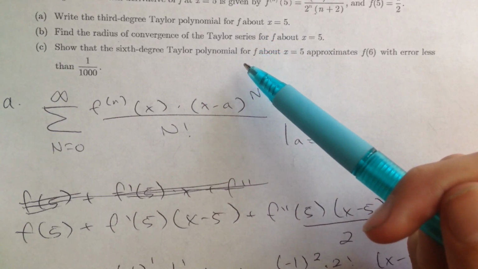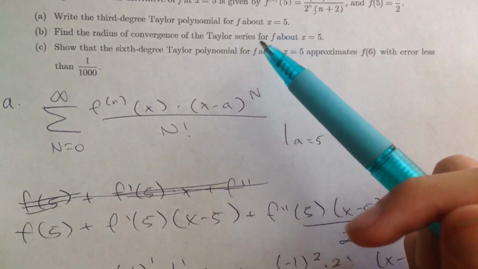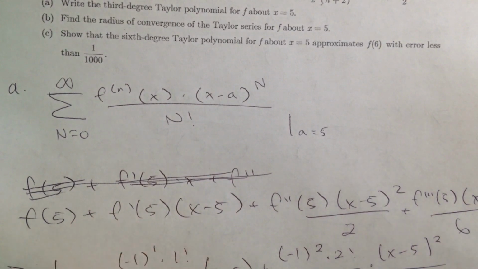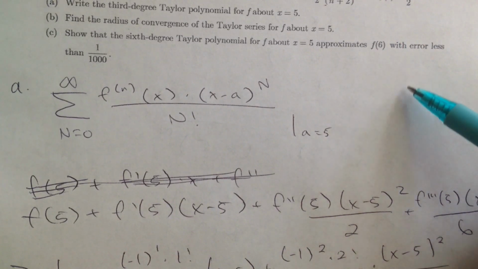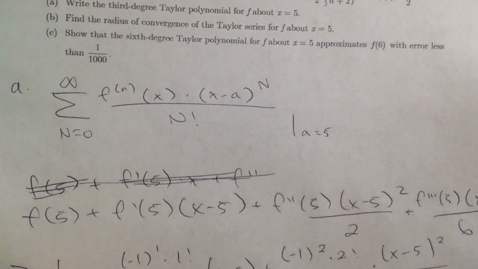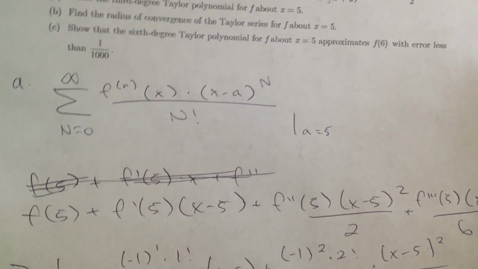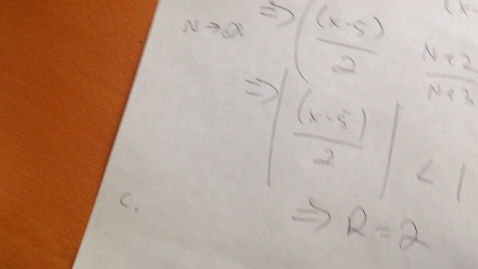So what we need to do is show that the term that comes after the 6th degree term is going to be less than 1 over 1000. Therefore, it's not going to affect the sum.